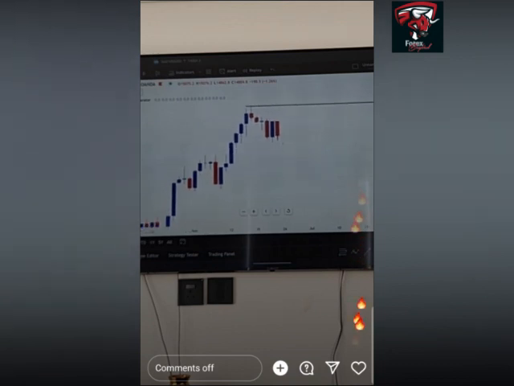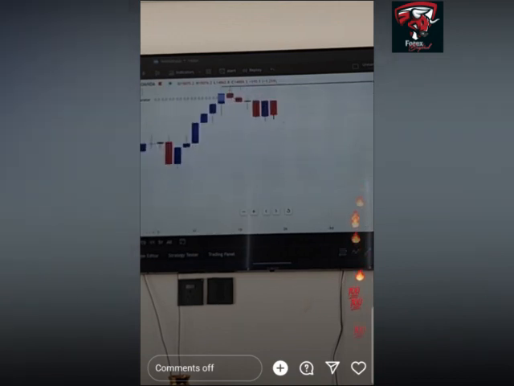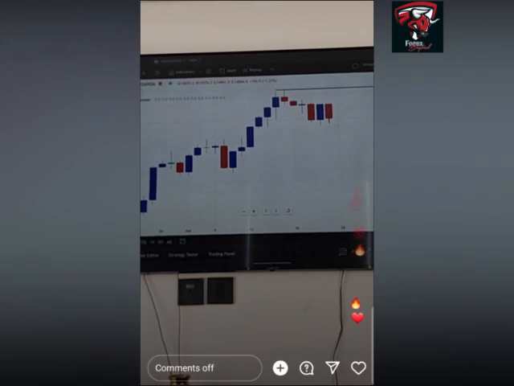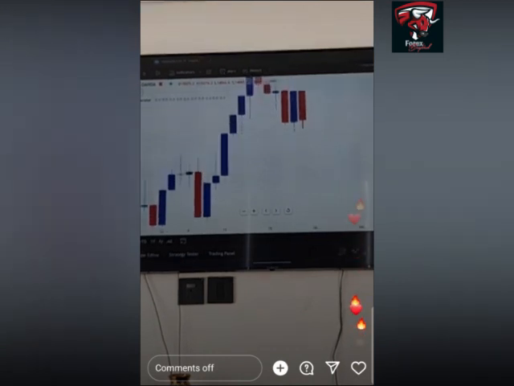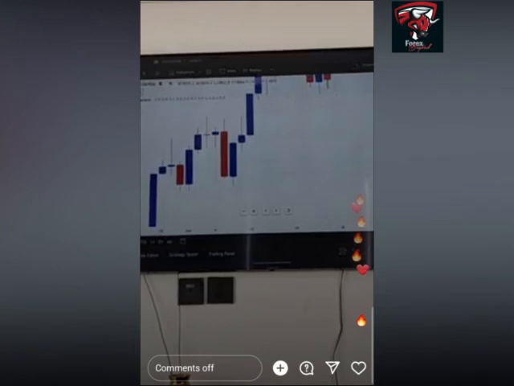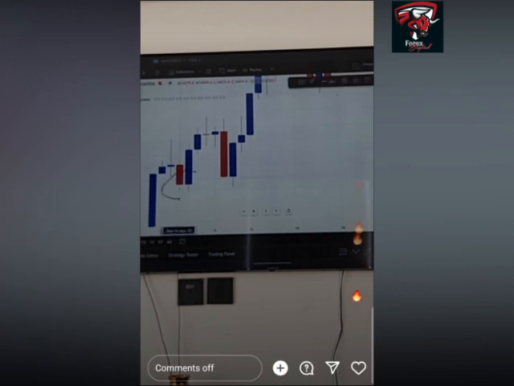Once again, if we look over here, price traps. It gives you a decent amount of pips. Over here, price comes in and traps. Then price goes up, but we don't get a trap.